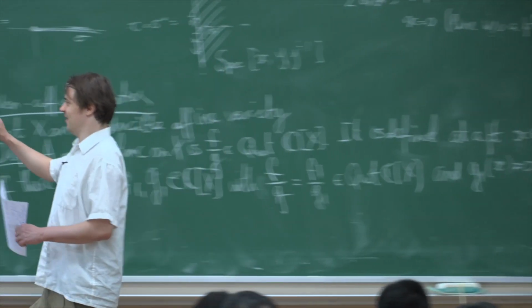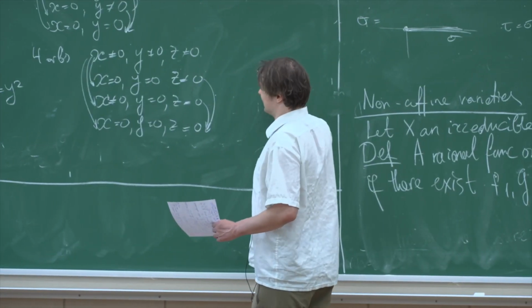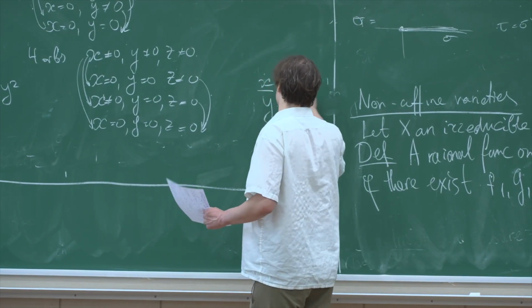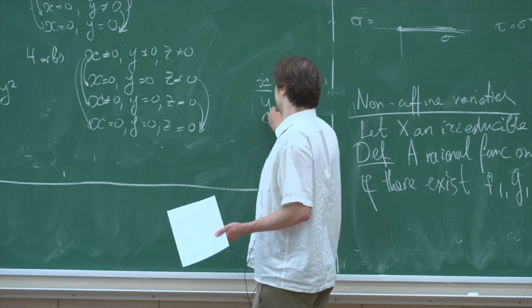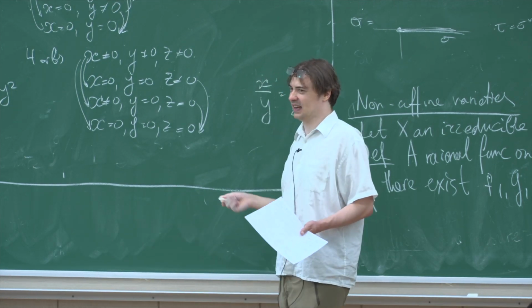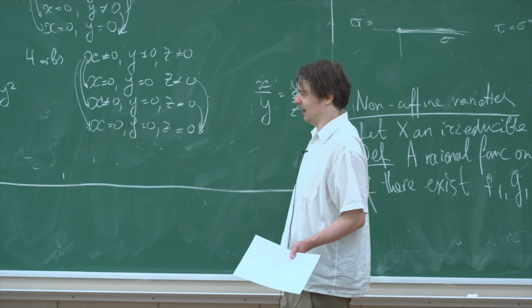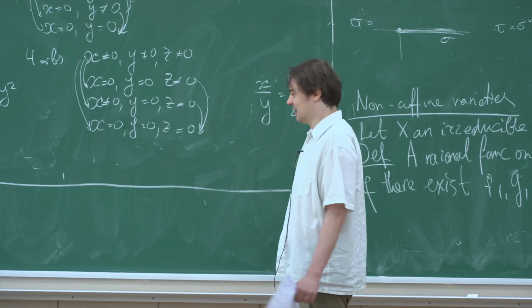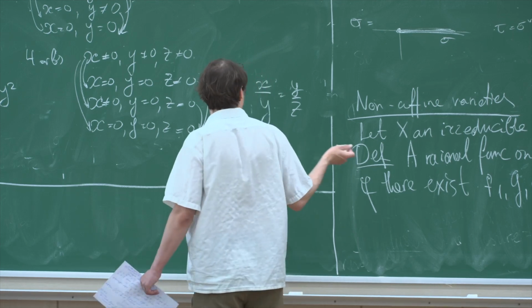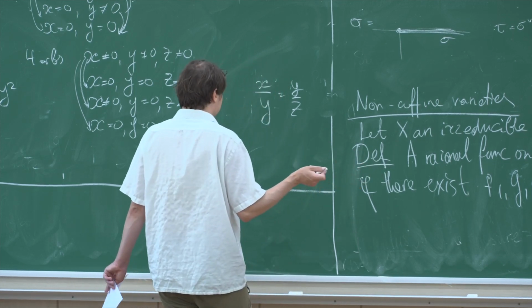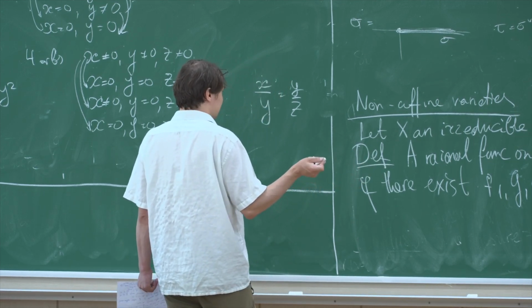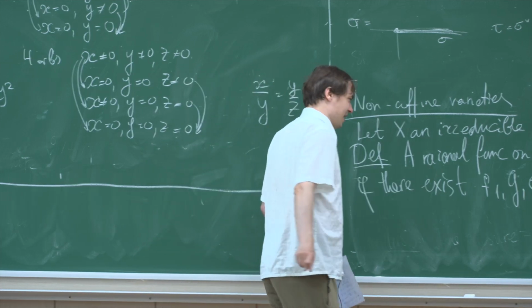Here, for example, we have x over y equals y over z, and we cannot say this fraction or this fraction cannot be simplified. They are equally bad or equally good. So we say there exist f1 and g1.